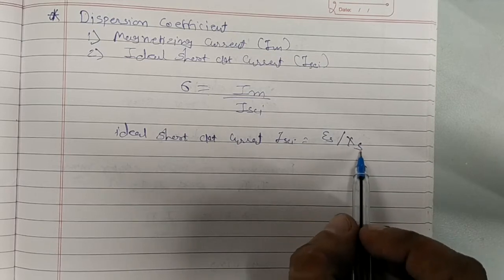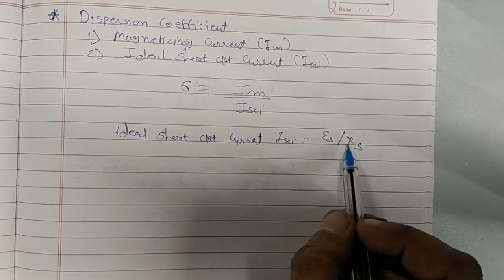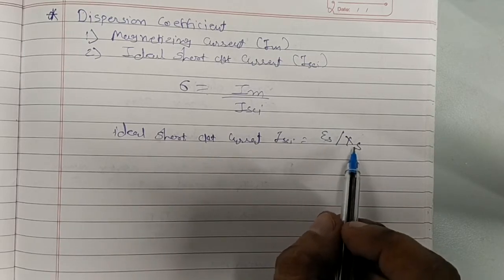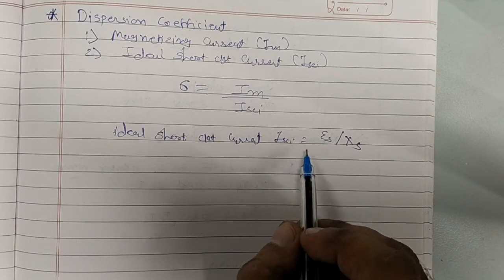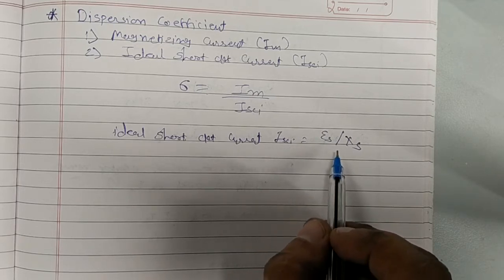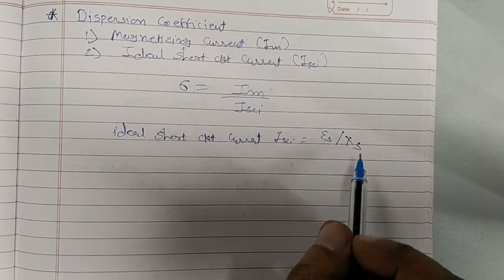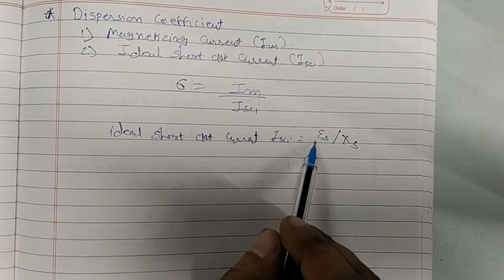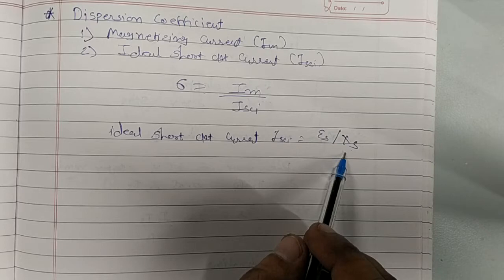When we draw the equivalent circuit of an induction motor, or even for a transformer, it is the same: the reactance of the entire machine referred to the primary, or the stator. So ISCI is ES upon XS, the supply EMF and the reactance.